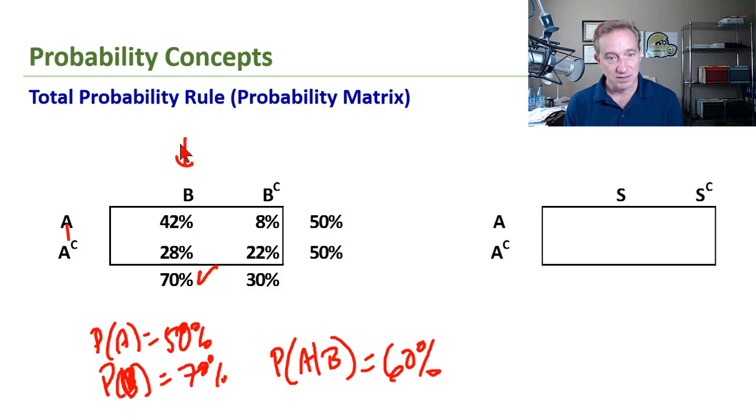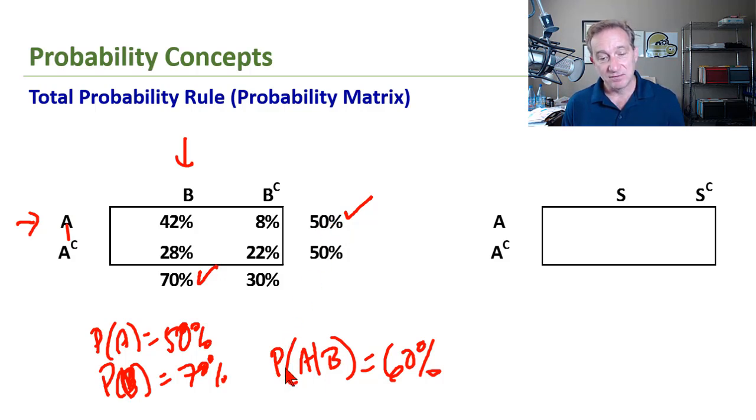So we would go down here outside the cell and find it to be 70%. We're also told that the unconditional probability of A is 50%. So here's A, and going over to here, finding this unconditional probability outside the matrix, it's 50%. Similarly, I started by inputting this as a hardwired assumption.